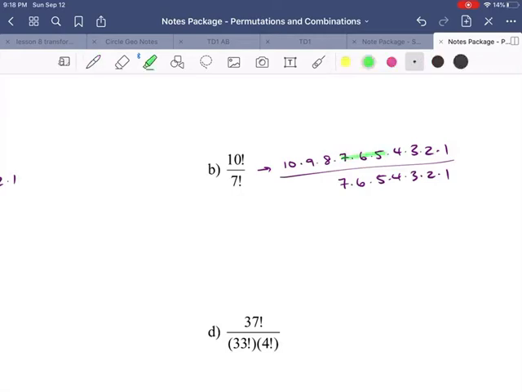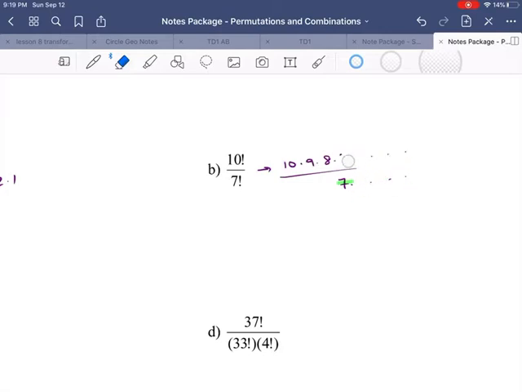Well, if you notice, on the top part and the bottom part you've got the same stuff going on there. 7 divided by 7 is going to give you 1, and 6 divided by 6 is going to give you 1, 5 divided by 5 is going to give you 1. Okay? So we sometimes say they cancel out. So the 1's, 2's, 3's, 4's, 5's, 6's, and the 7's cancel.